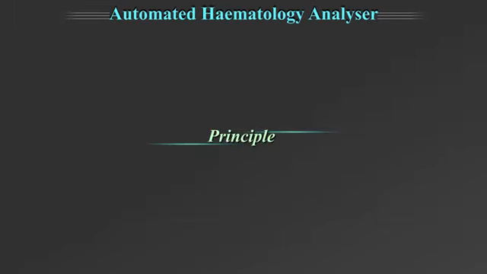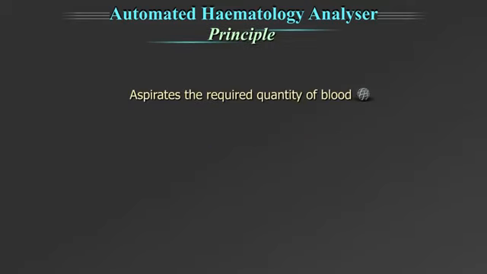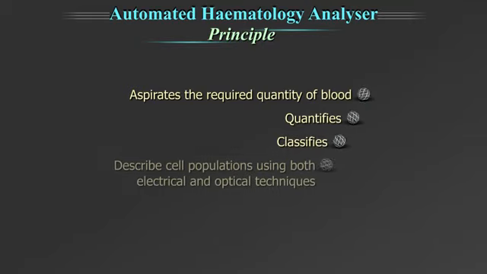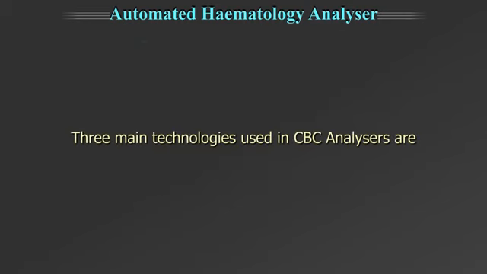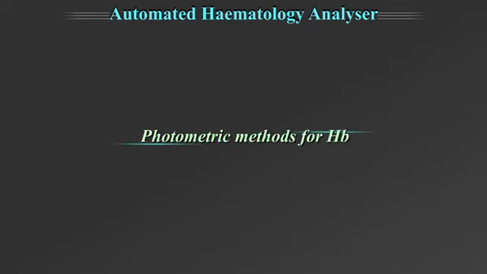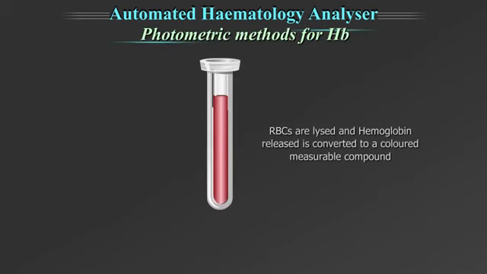Principle: automated CBC analyzer aspirates the required quantity of blood, quantifies, classifies, and describes the cell population using both electrical and optical techniques. The three main technologies used in hematology analyzers are, first, the photometric method for hemoglobin estimation.